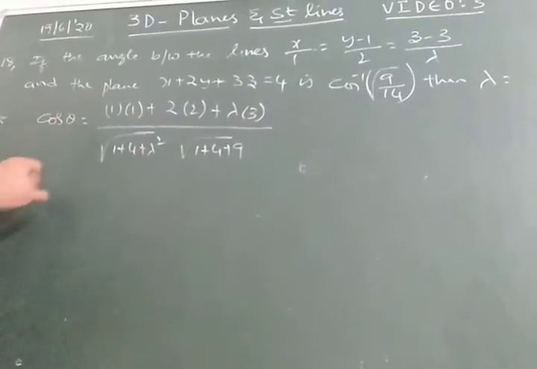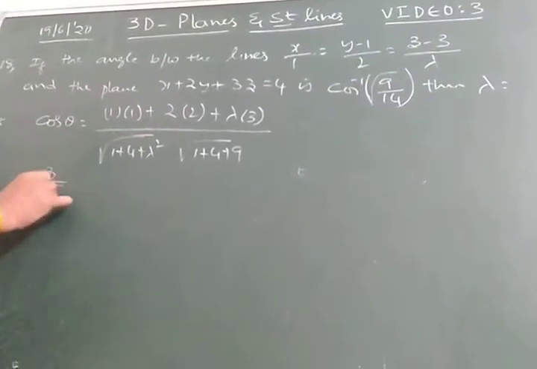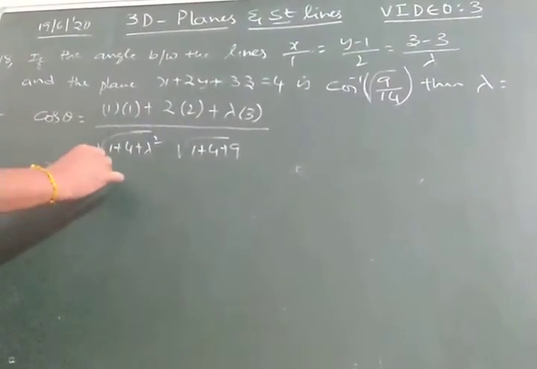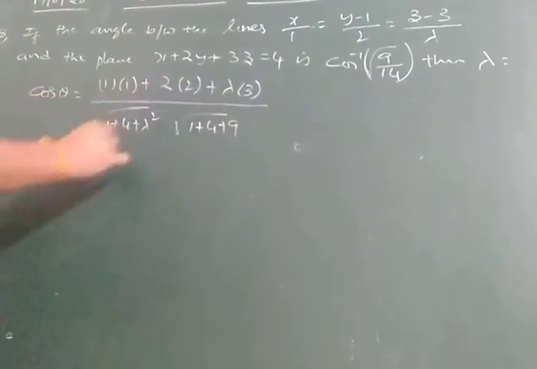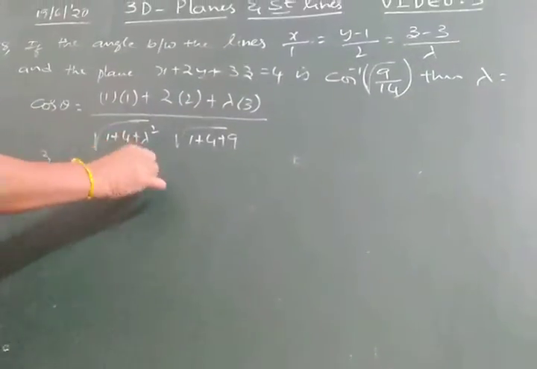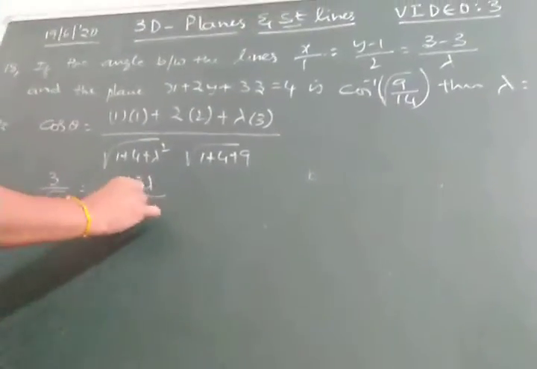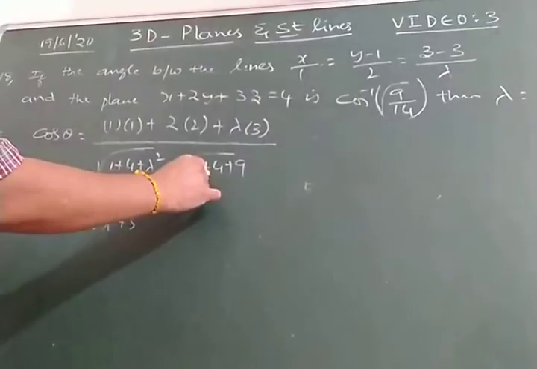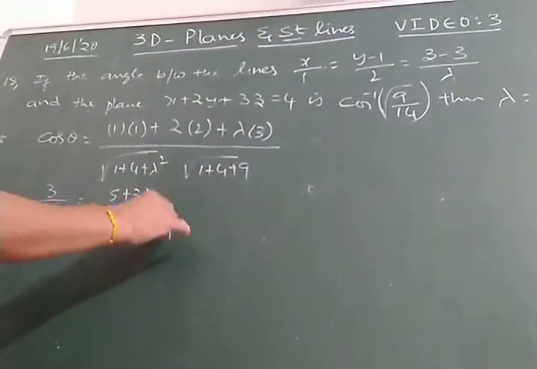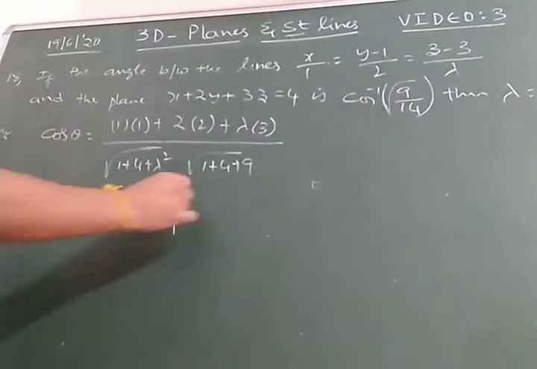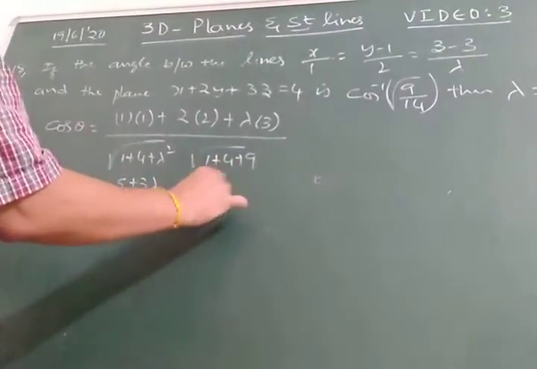Given cos theta is 3 by root 14, that is equal to (1 plus 4, 5, plus 3 lambda) by square root of (lambda square plus 5) into root 14. Root 14 is cancelled.